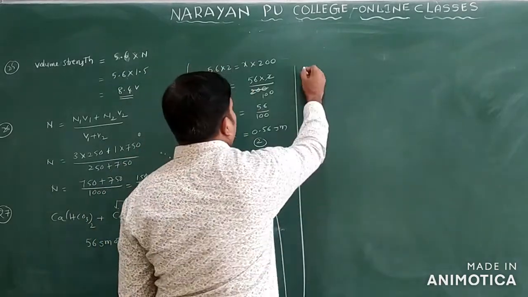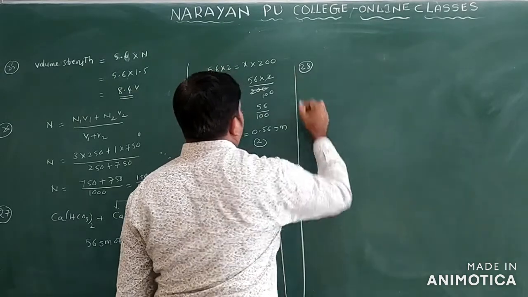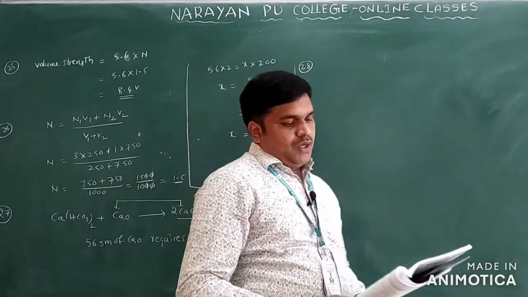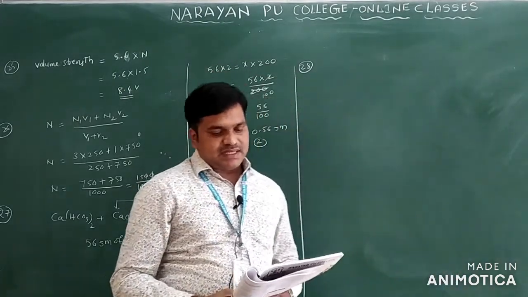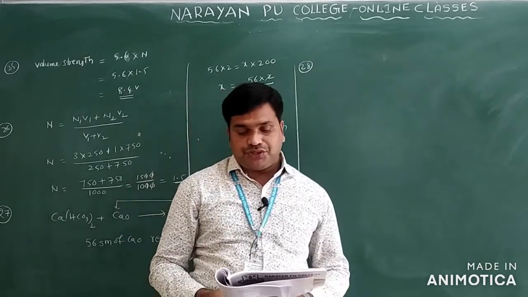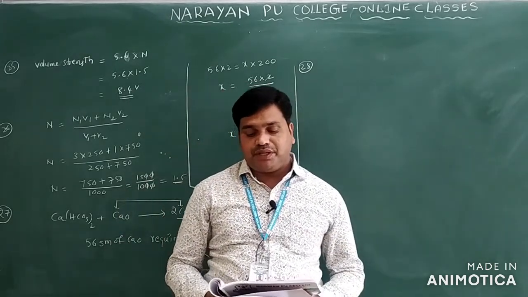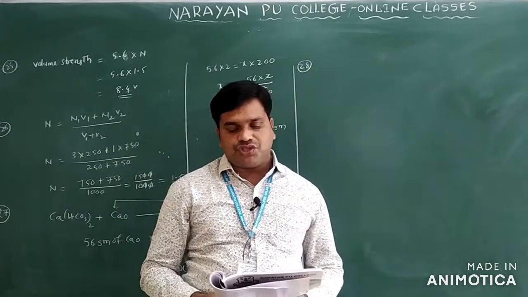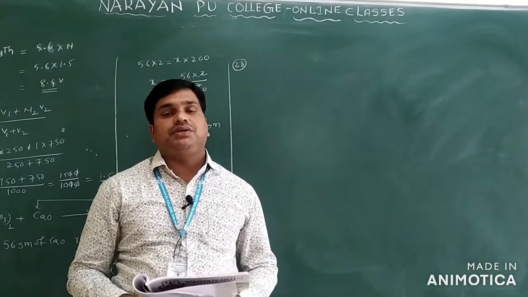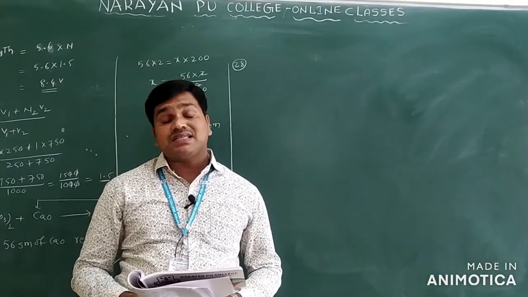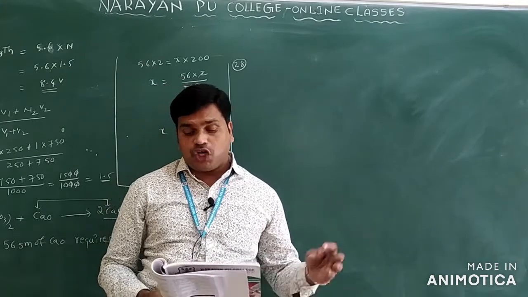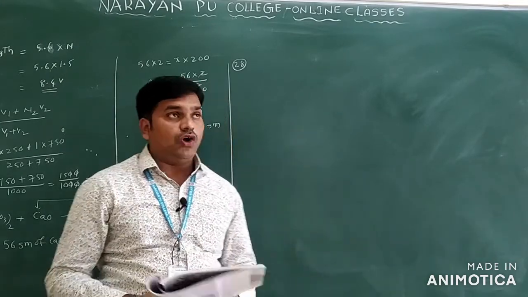Now we'll see question number 28. The mass of oxalic acid crystals H2C2O4·2H2O required to prepare 50 ml of 0.2 normal solution. They are asking the mass of oxalic acid; they have given normality and also volume.